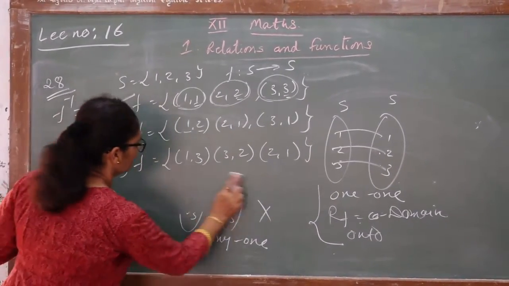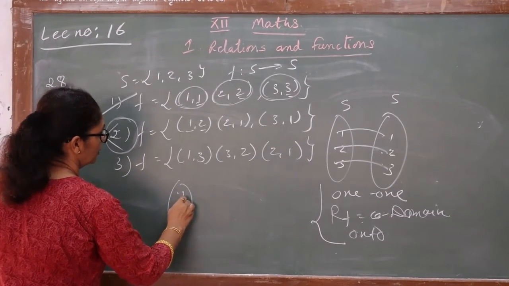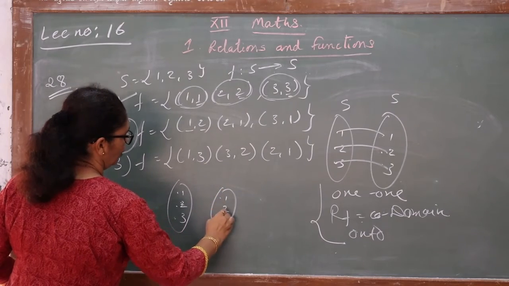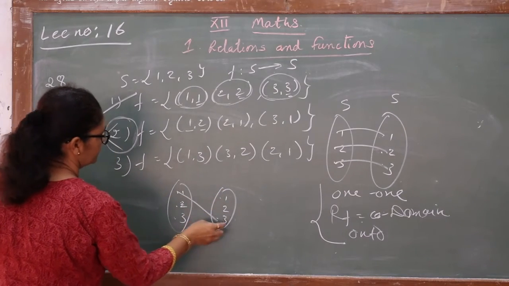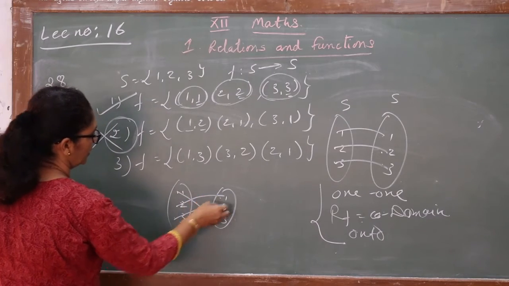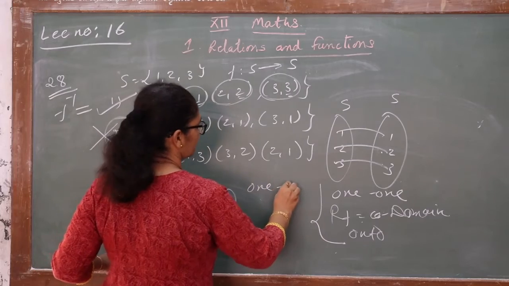Now third, check whether it is one-one or not. For one-one, what do we have to check again? In the same way, 1, 2, 3 and 1, 2, 3. With 1 is 3, with 3 is 2, and with 2 is 1. Single question, single answer. So the function is one-one.